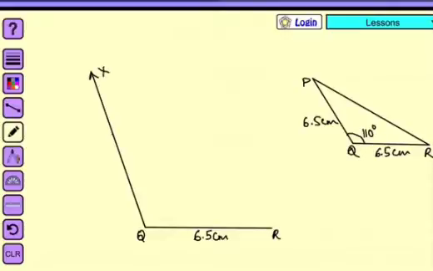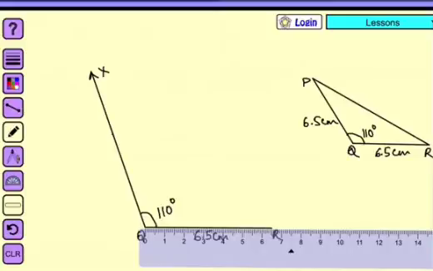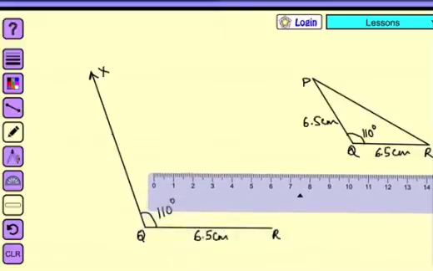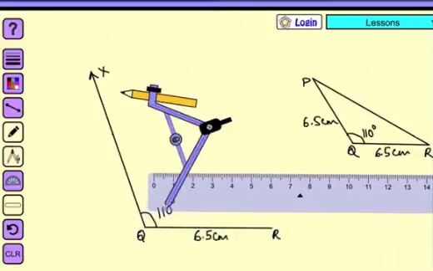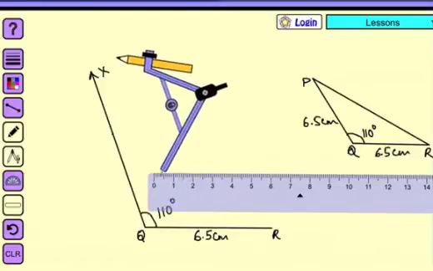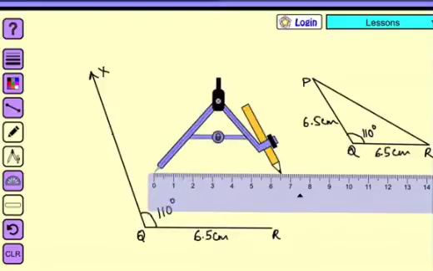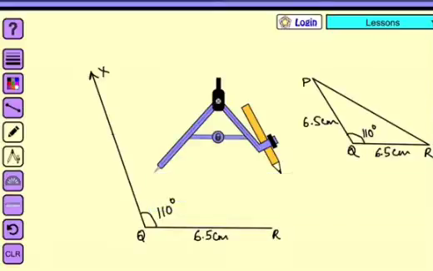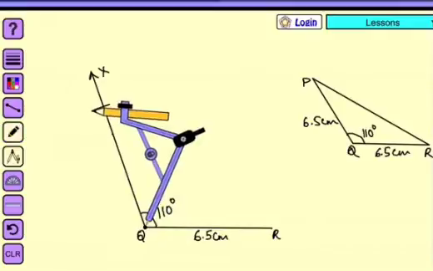Now I know that it is an isosceles triangle and the two sides adjacent to the angle 110 degrees are 6.5 centimeters. So keeping Q as center and a radius of 6.5 centimeters, I'll have to mark an arc here. So this is 6.5. Now I'll have to keep it at Q and have an arc drawn.